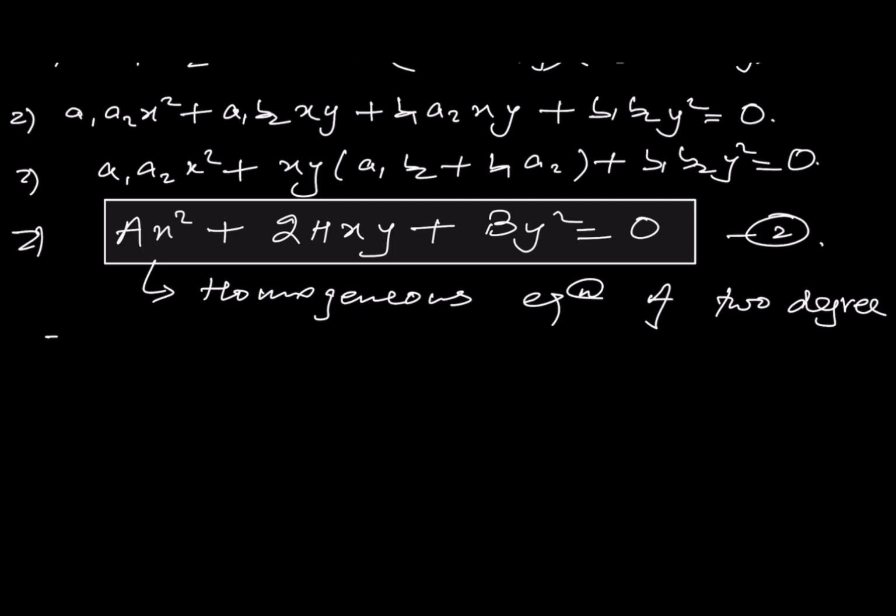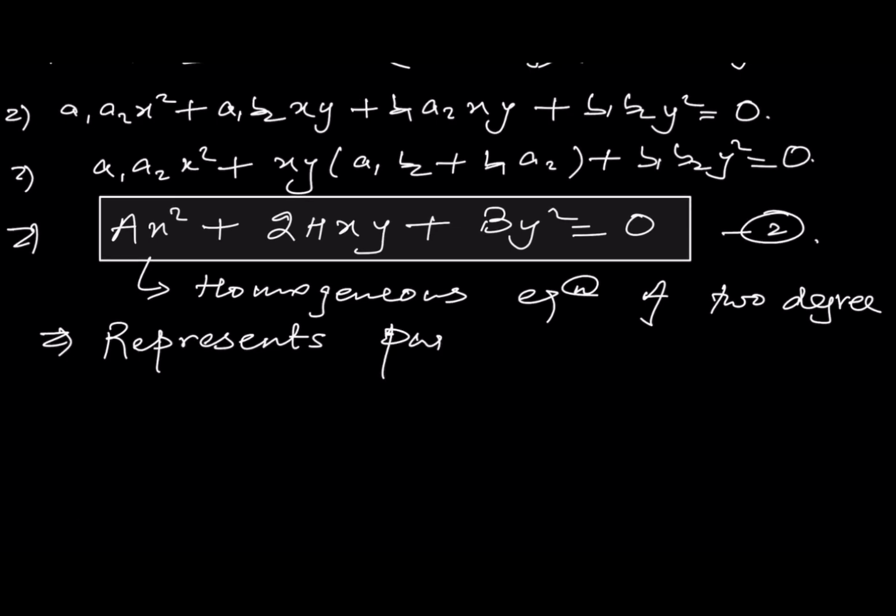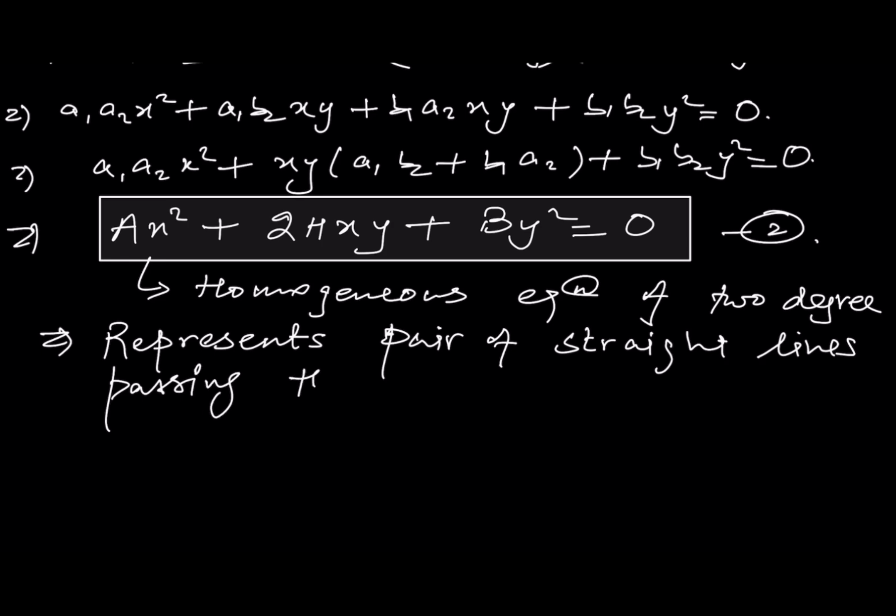What does it represent? It represents a pair of straight lines passing through origin because it doesn't have any constant.